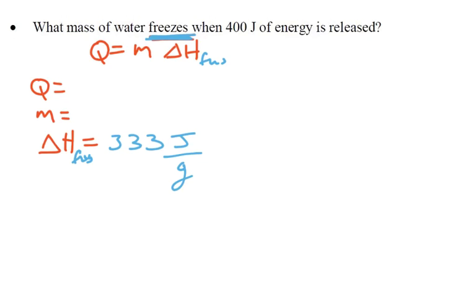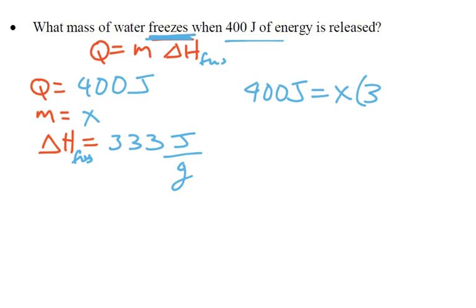What mass of water freezes when 400 joules of energy is released? So it's 400 joules, and we're looking for the mass. Now we can substitute in. So we have 400 joules equals the mass times 333 joules per gram. Now we do math. I want to divide both sides by 333.